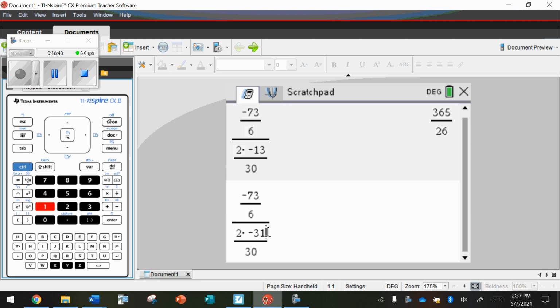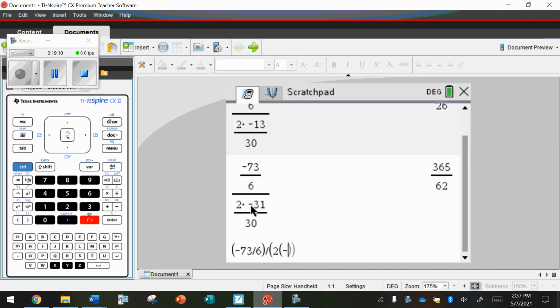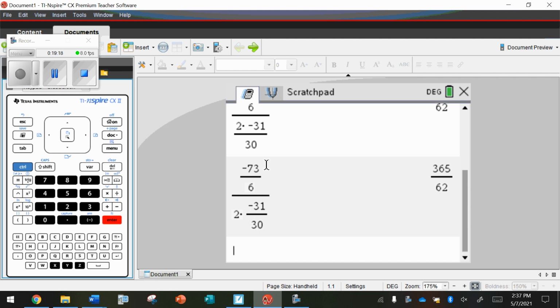And now look, if you use parentheses versus if you don't use parentheses around the denominator, it's still okay because it's multiplication. So what I mean by that, if I did the numerator, negative 73 divided by 6, and then divided by parentheses 2 parentheses negative 31 divided by 30, it looks a little bit different.